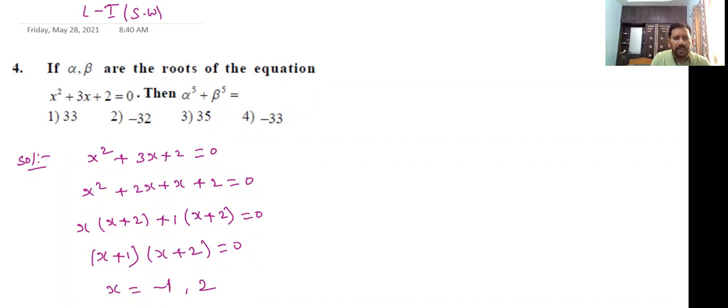So here alpha and beta are roots of the quadratic equation. Take alpha is equal to minus 1, beta is equal to minus 2. By mistake I wrote 2; this is also a negative root. Now we need to find alpha power 5 plus beta power 5.